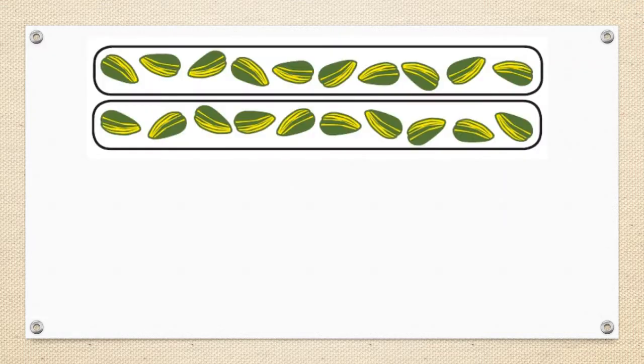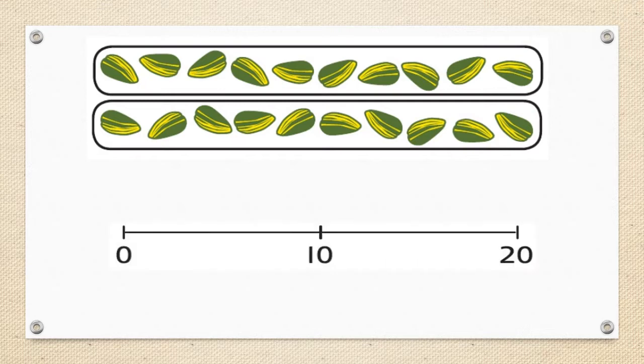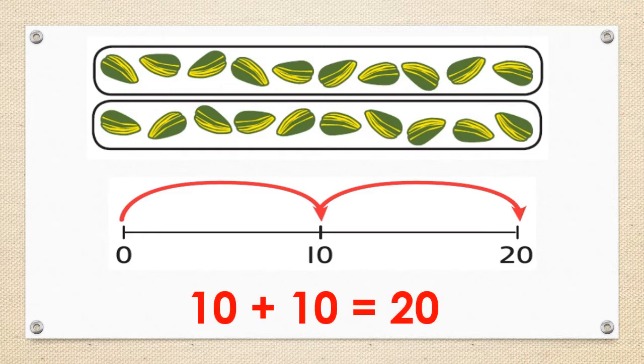First, we line up the seeds in two rows as you can see in this picture. Next, we use number line to find out our answer. Since there are 10 seeds in each row, we make jumps by 10. 10, 20. So now I know there are 20 seeds because 10 plus 10 equals 20.